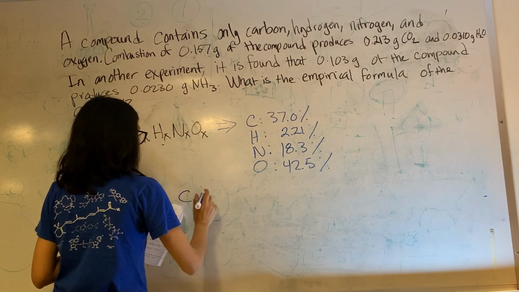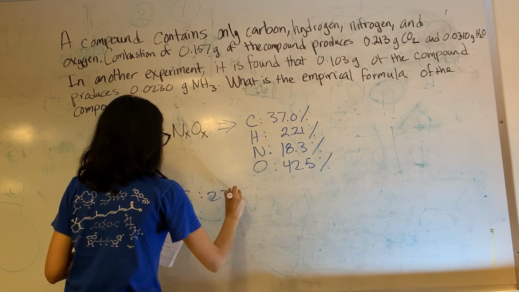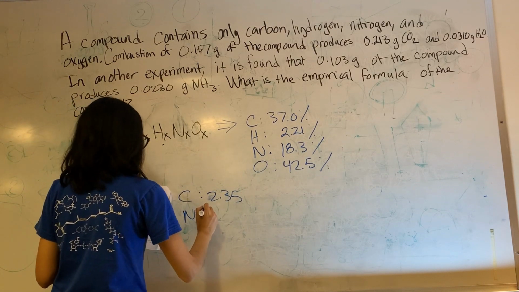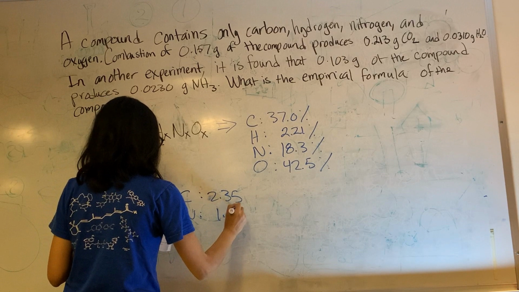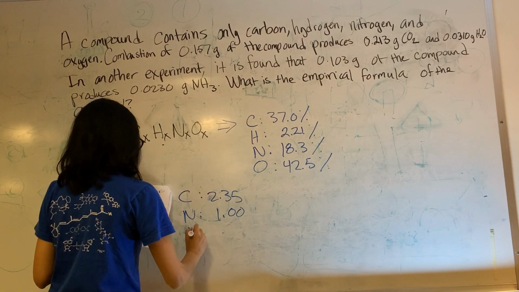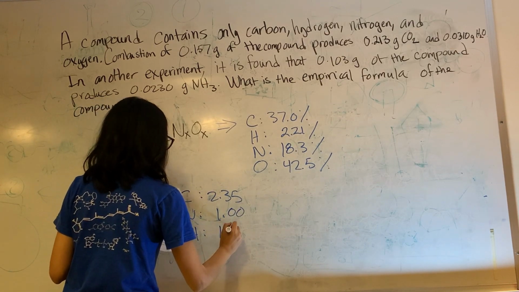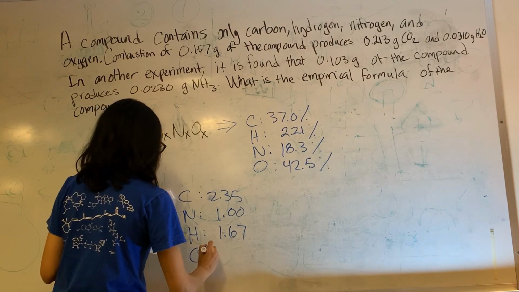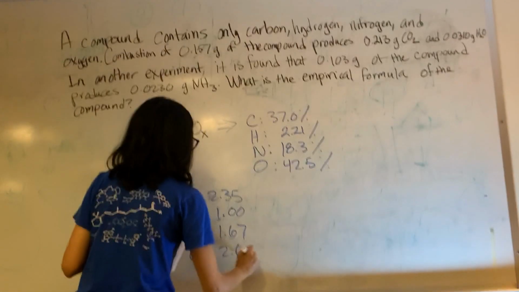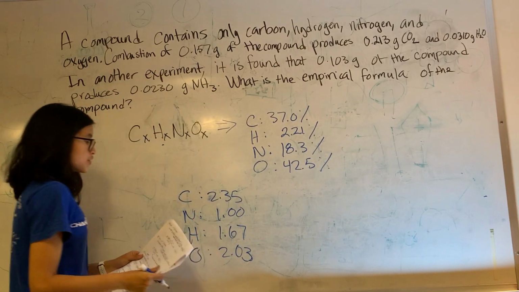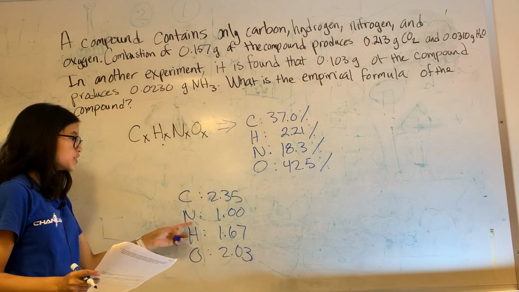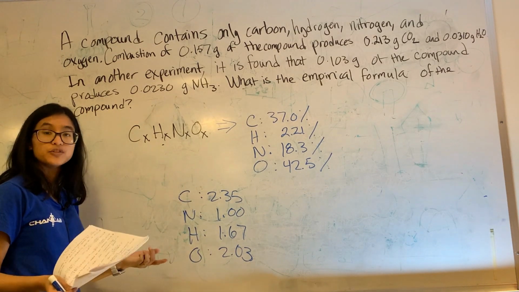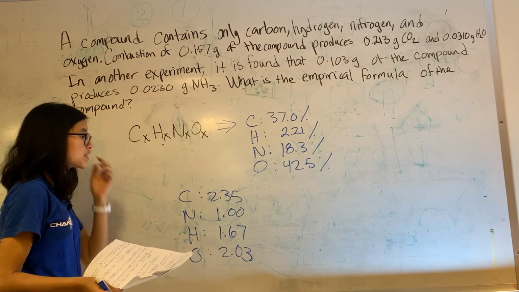So carbon is going to be 2.35. Nitrogen will actually be the smallest, so it's just going to be 1. Hydrogen, the ratio is going to be 1.67. And oxygen is going to be 2.03. So when you're trying to get this to whole numbers, initially you might think, oh, I messed up because these don't look like I can multiply them by 2 and get whole numbers.